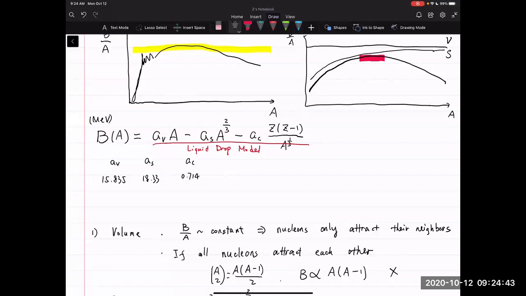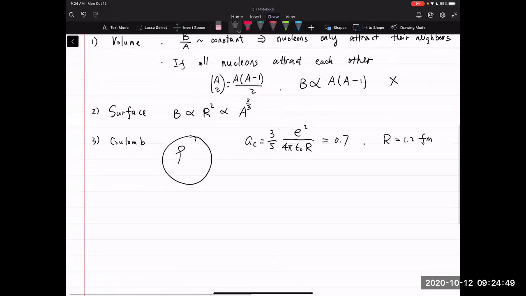Then you can immediately see two important things we already know in nuclear physics. Number one is why the nucleus favors more neutrons than protons.